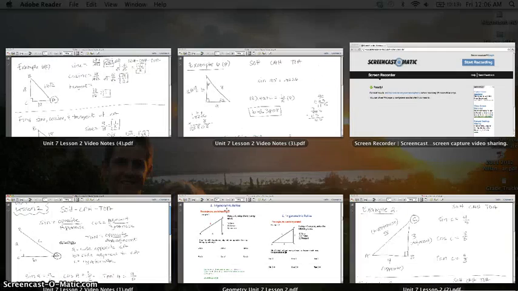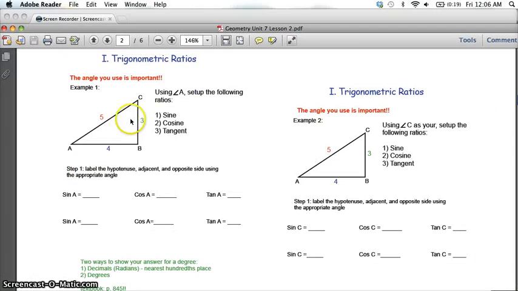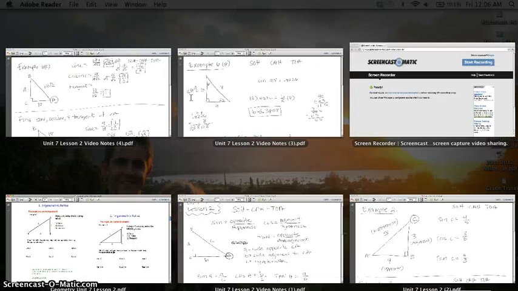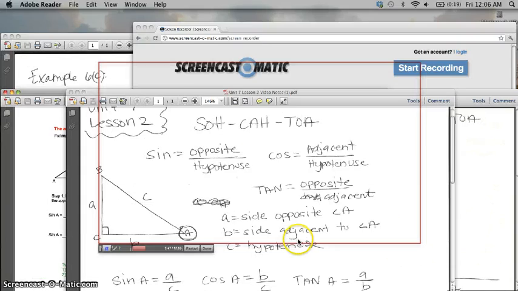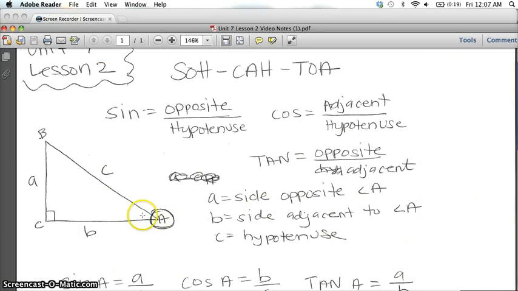So in our problem, it tells us to use angle A. That means that for the entire problem, you're going to use angle A. I just went ahead and circled it so it's a little bit easier to see.